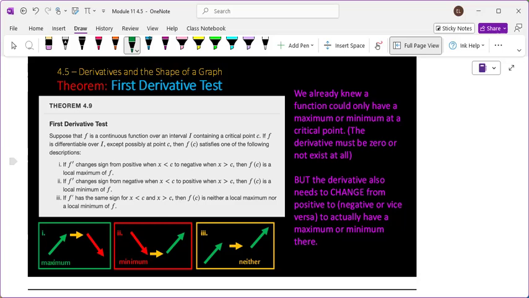Now we're going to be looking at the graphs as a whole. So the behavior on either side is important. For our max, we're going to have a positive derivative, where it equals 0, and then a negative derivative. So the values go from plus to minus. A min's derivative values will go from minus to plus. And then neither: it could be increasing, flat, increasing, or the reverse, decreasing, flat, decreasing.